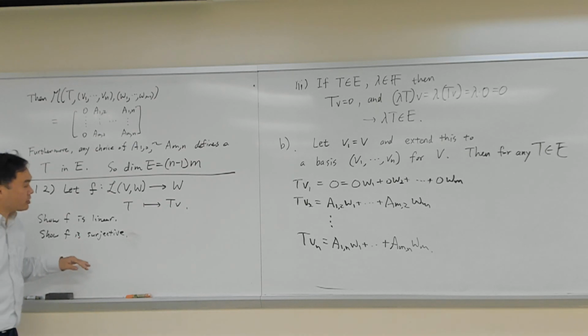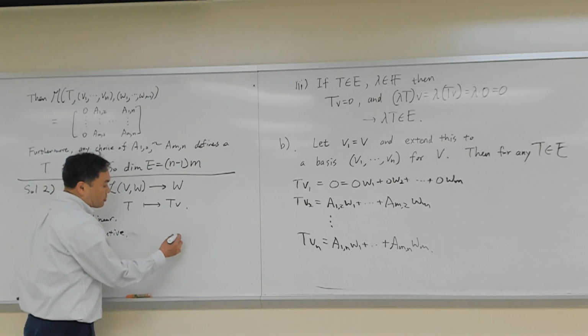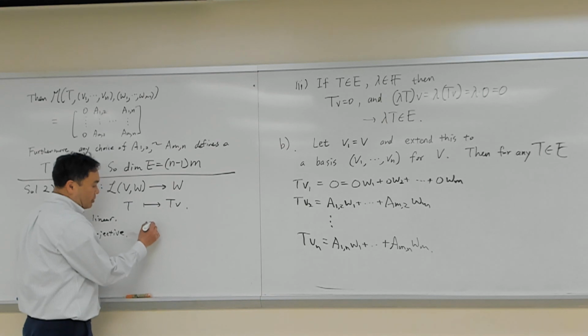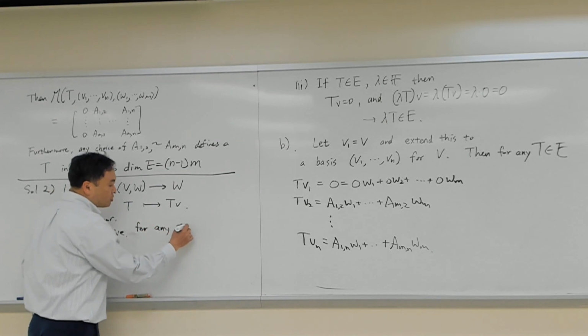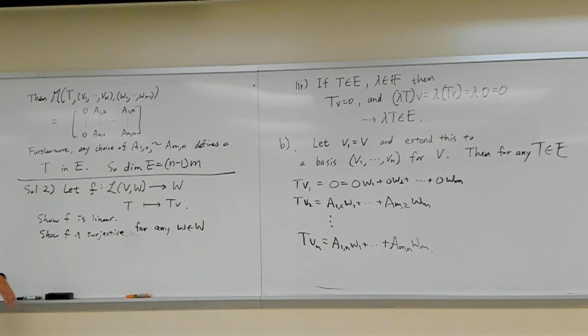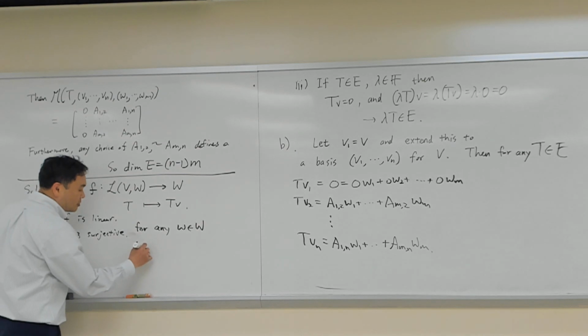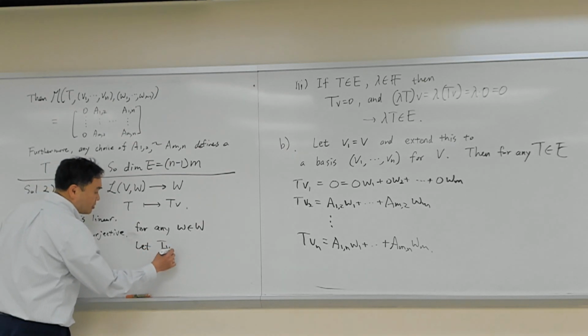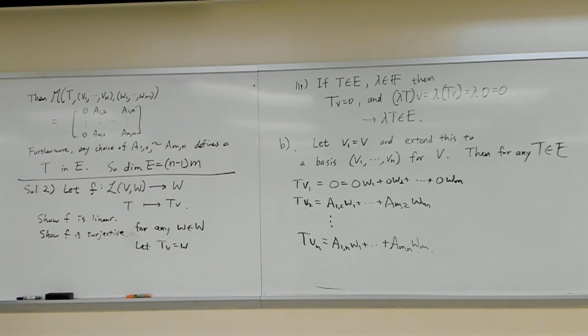To show it's surjective, for any w in W, you choose anything in W and want Tv equal to w.